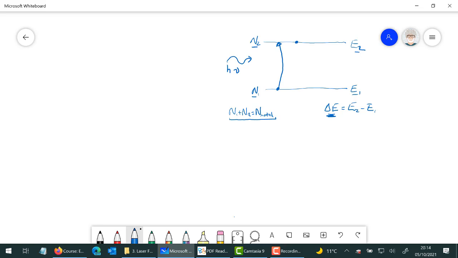So giving it that extra amount of energy, moving it up into energy level 2, eventually what will happen is it will relax back down, and if the transition is allowed, then it will relax back down into level 1, because there's nowhere else for it to go, and it will give out a photon again.